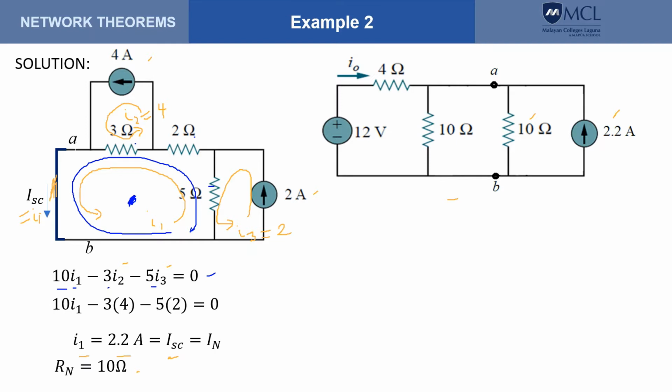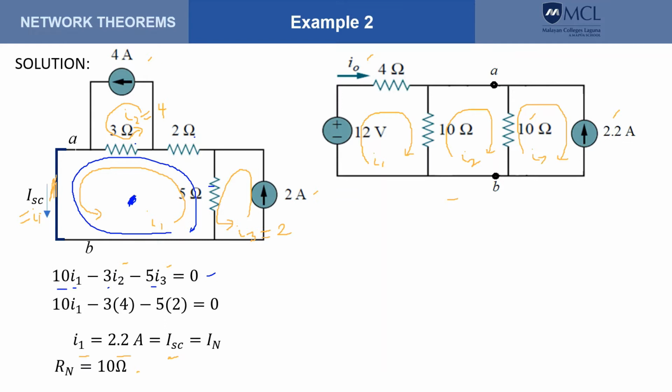So how do we solve I sub naught from the simplified circuit? Again, we can use mesh analysis. Let's assume mesh currents here. Let me use a clockwise direction this time. So again, I sub 1 here, I sub 2 here, and I sub 3.